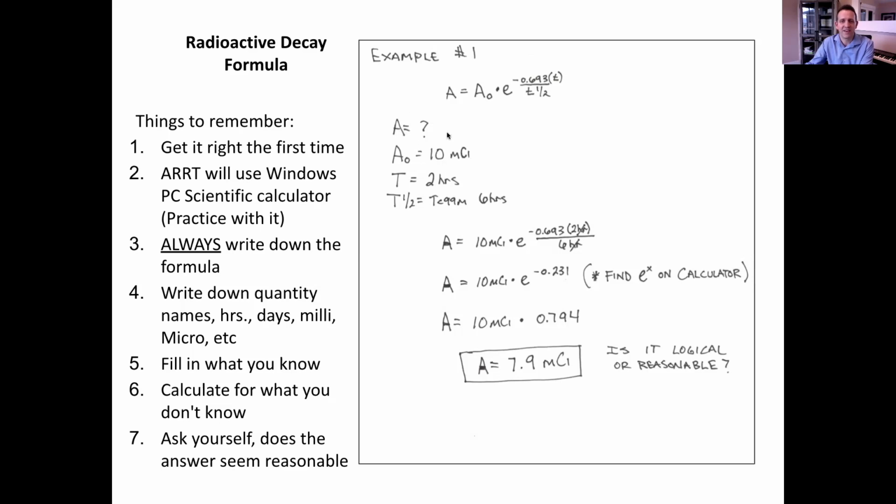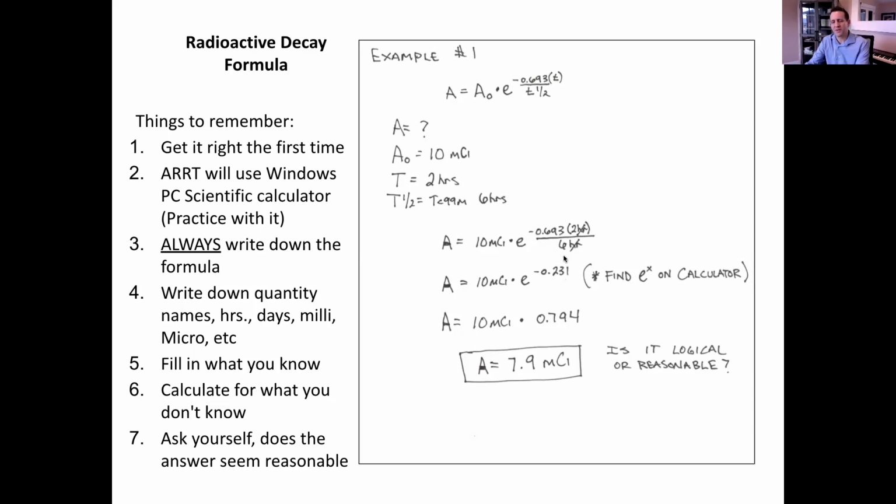What is the activity now? In this case, we're looking for the present activity. 10 millicuries was the original activity. 2 hours have passed by, and our half-life is 6 hours because we're working with technetium-99, okay?